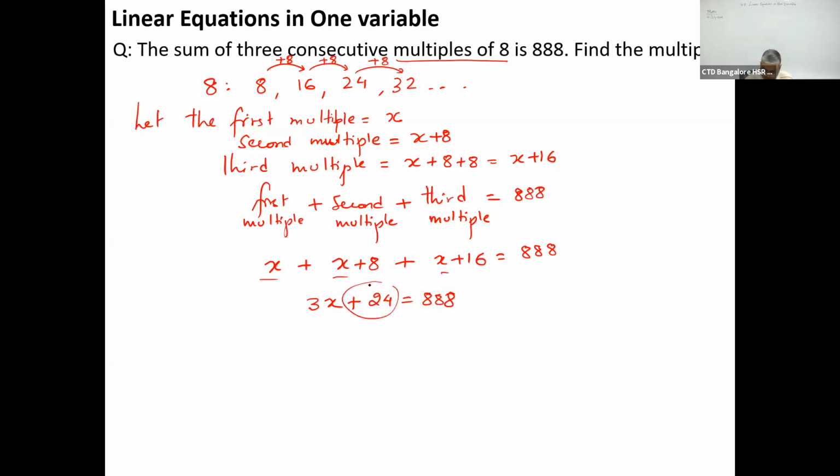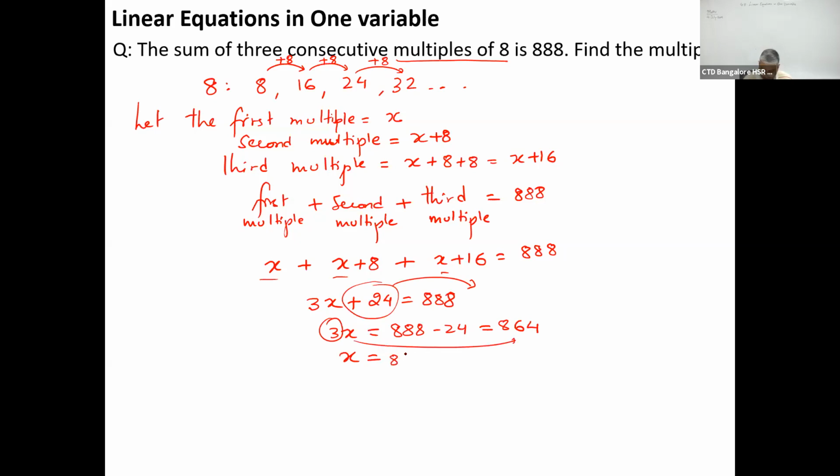Now transpose positive 24 to the other side. Plus 24 on the other side becomes minus 24. So 888 minus 24, which is 864. So what is x? We again transpose 3 to this side.